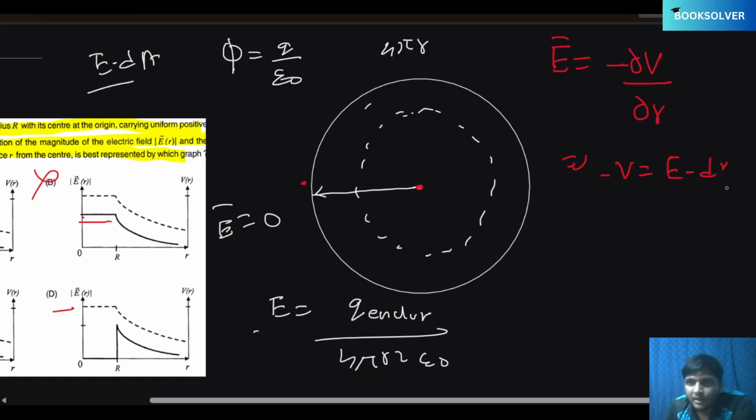But since E is 0 inside, sorry, not V, it should be delta V, which means there is no change in potential inside the surface because there is no electric field. So whatever potential there is, it will remain constant inside the complete surface, within the radius.